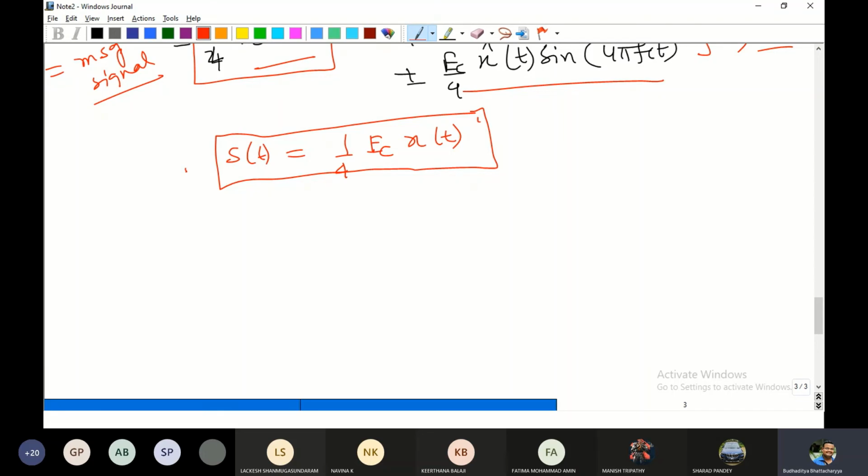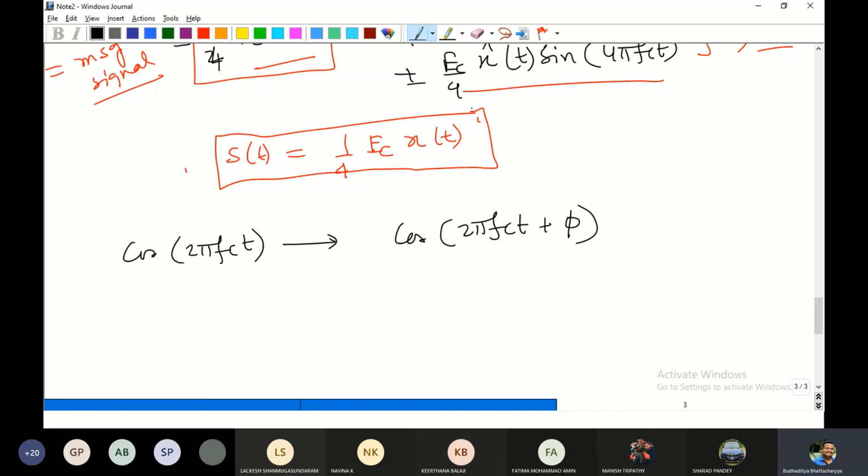Okay, so what I mean is, suppose instead of that carrier, which was cos 2 pi fct, we now assume that the frequency has an error, or the phase has a new phase, that is phi.